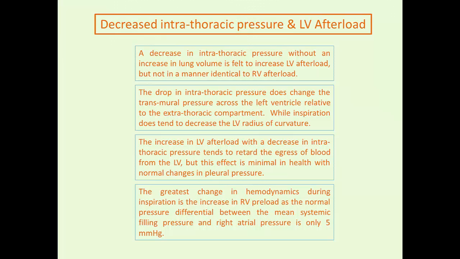So the preload effect becomes diminished during a very pronounced drop in intrathoracic pressure, and then the afterload effects begin to supersede the preload effects for LV output, because as you decrease your intrathoracic pressure to very great degrees, your left ventricular transmural stress goes way up, and that essentially is an increase in your left ventricular afterload.